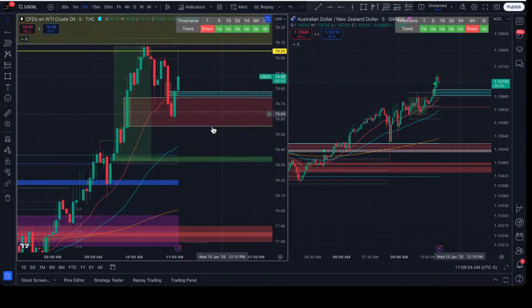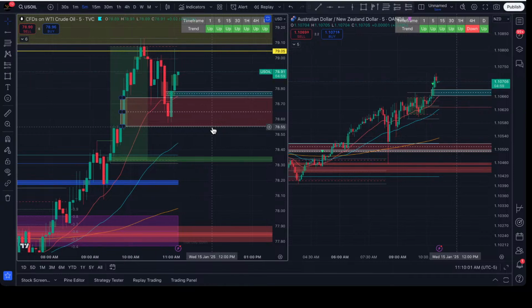Seven seconds. So now this is the fair value gap of interest. I want to see if it comes back down, taps here, we get that reaction to the upside.